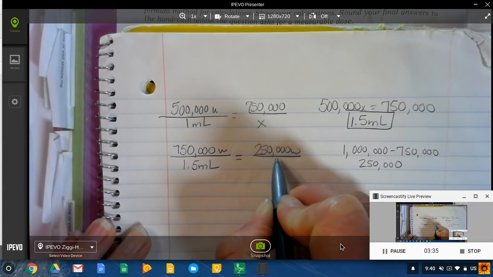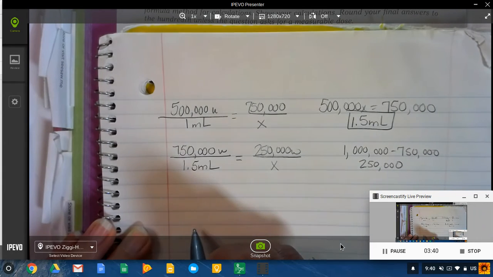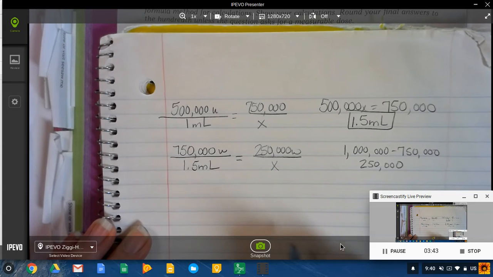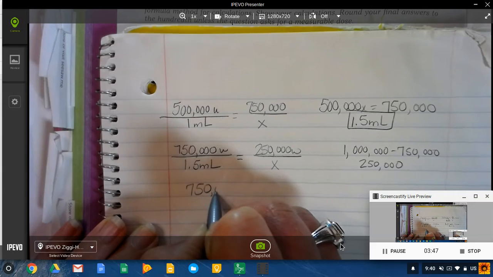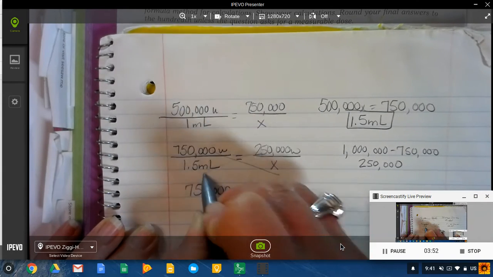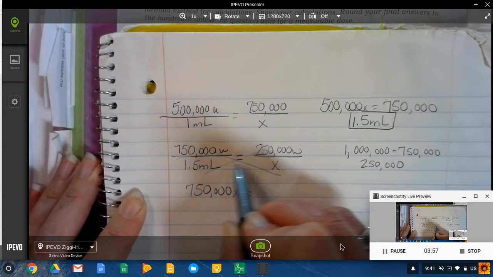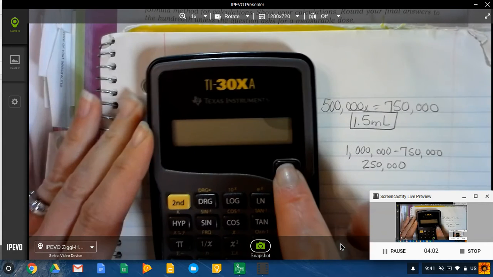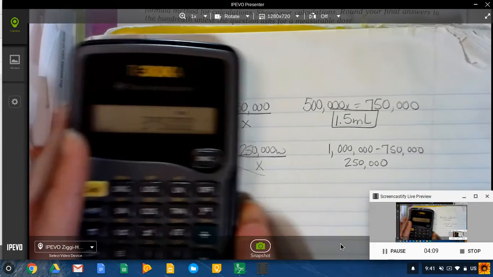But you need to know what the volume is left. So that's why we've set it up this way. Now you'll just do your math. You have 750,000 units, or 750x, your cross multiplication, and then 250,000 times 1.5. Let's get that. 250,000 times 1.5 gives you 375,000.